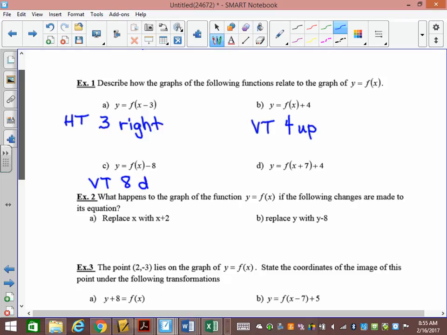Down. And this is a vertical translation 7. Is it 7? 4. Vertical translation for what? Up. And a horizontal translation 7 left.